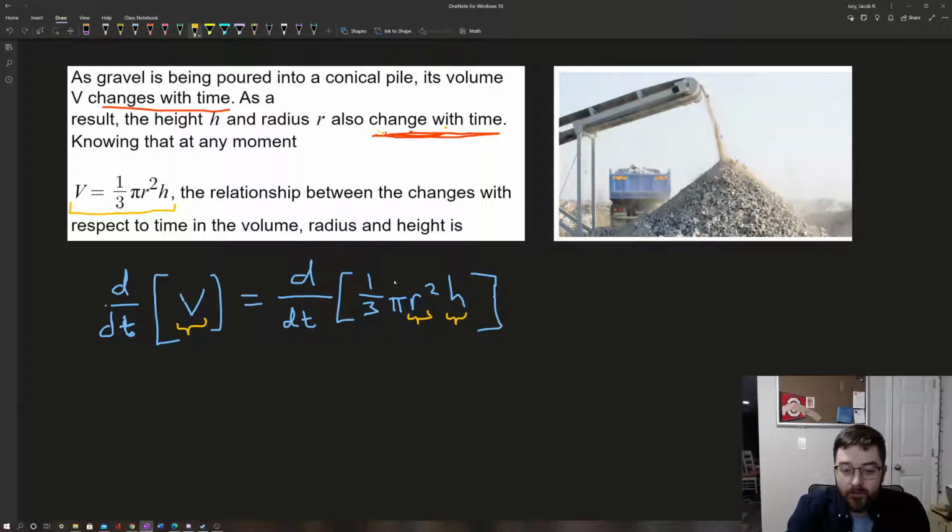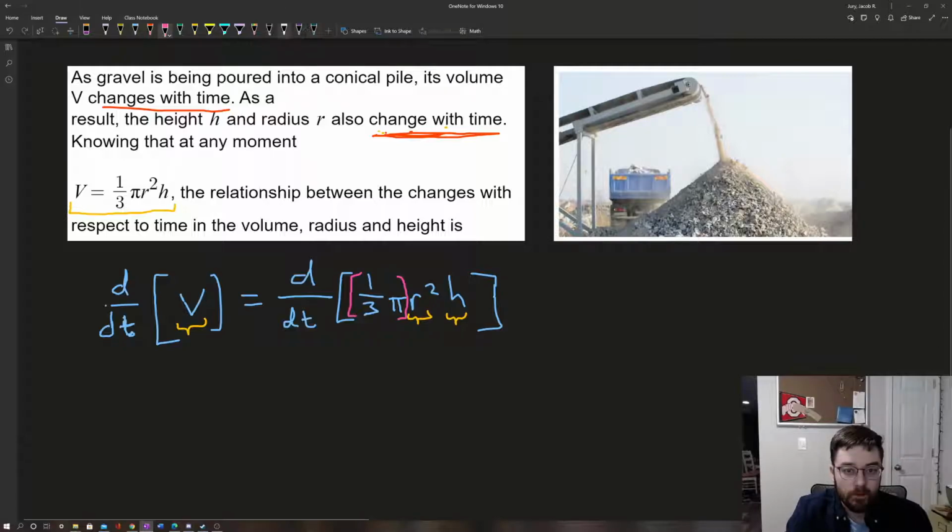Pi is not a variable in this problem. It looks like it is because it's a Greek letter, but we all know that it means a specific number. So while this looks like a pretty complicated thing out in front of r squared h, this 1/3 pi is just a coefficient. So what we're looking at is just a product rule derivative with r squared and h.